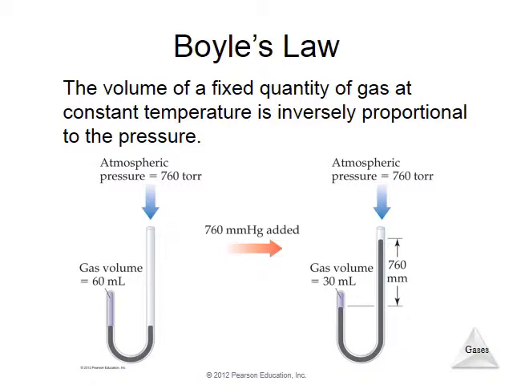It's going to get smaller, right? And then if I let go of the balloon, then the balloon is going to expand. So what we know is that pressure is inversely proportional to volume when we have a constant temperature. Okay? So we use an equation to describe that.